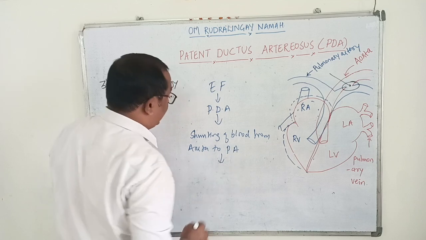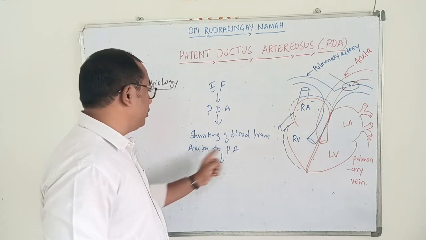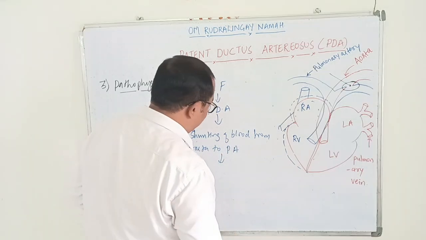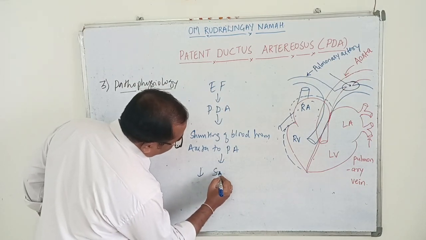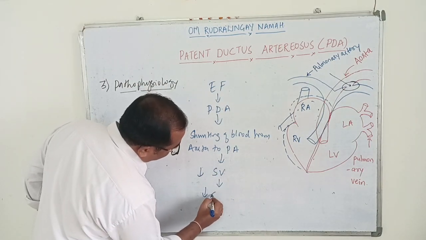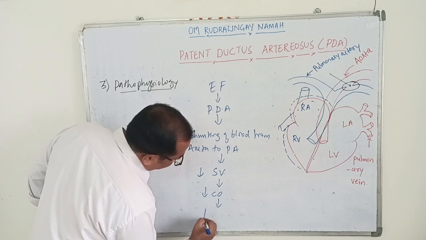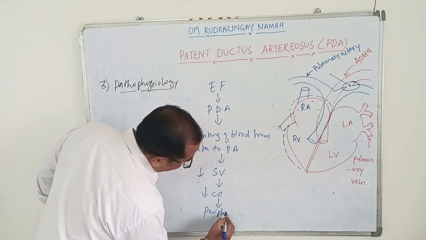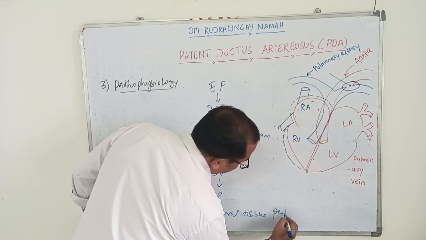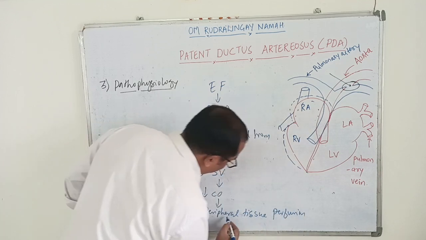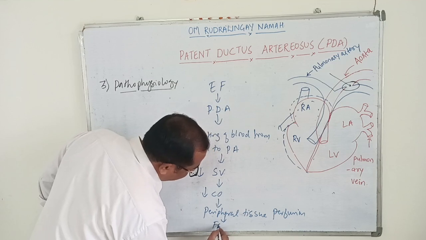Because of shunting of blood from high pressure in the aorta to the low pressure in the pulmonary artery, what happens here? There is decreased stroke volume, decreased cardiac output, and decreased peripheral tissue perfusion. And this will lead to failure to thrive.